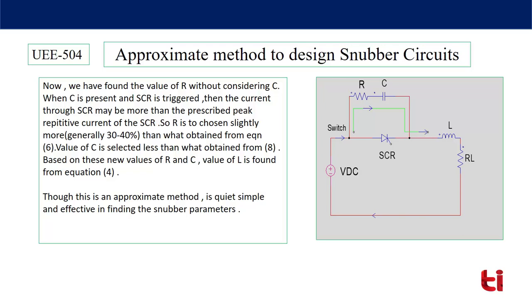So this will be our final value of L, C and R. So initially we will find the value of R and L without C, and finally we will modify the value of R by 30 to 40% and C by reducing 20 to 30%. Then based on equation number 8 we will find the value of L. So the complete design of this circuit can be done this way. Though this is an approximate method, it is quite simple and effective in finding the snubber parameters.